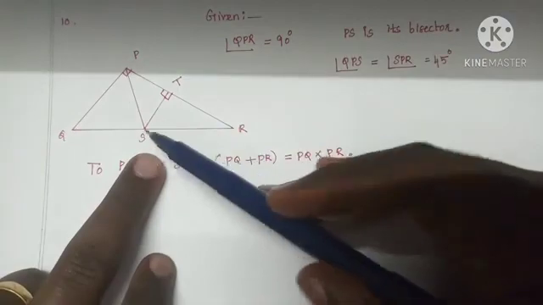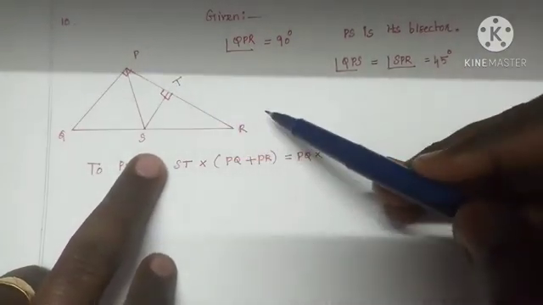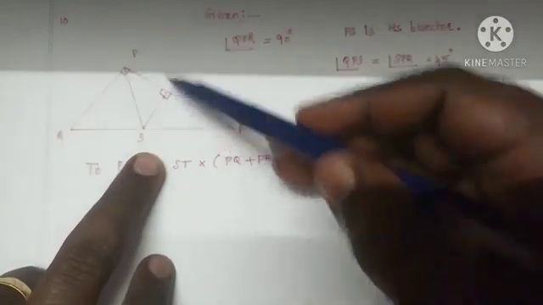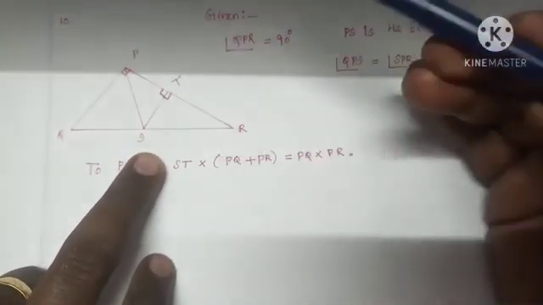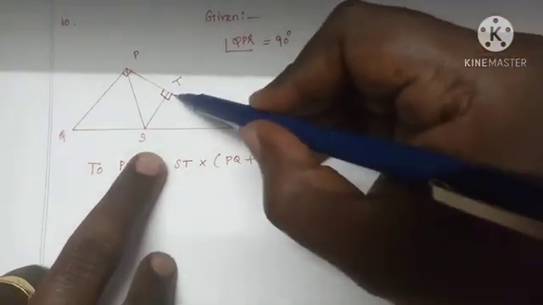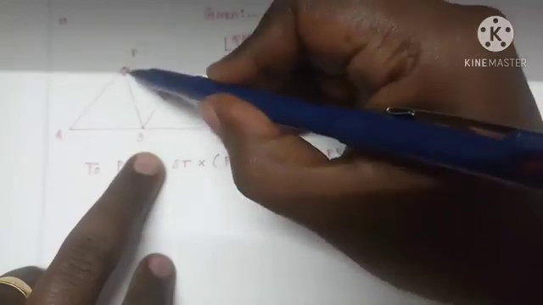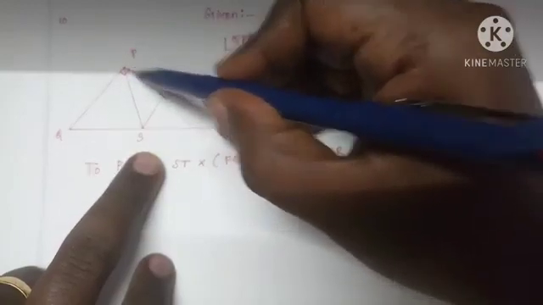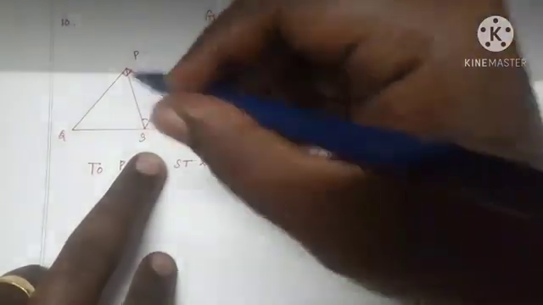And one more important thing: ST is drawn perpendicular to the side PR. So it is 90 degrees, you know very well. If this is 90 degrees, then angle SPT is equal to 45 degrees, so this one is also 45.